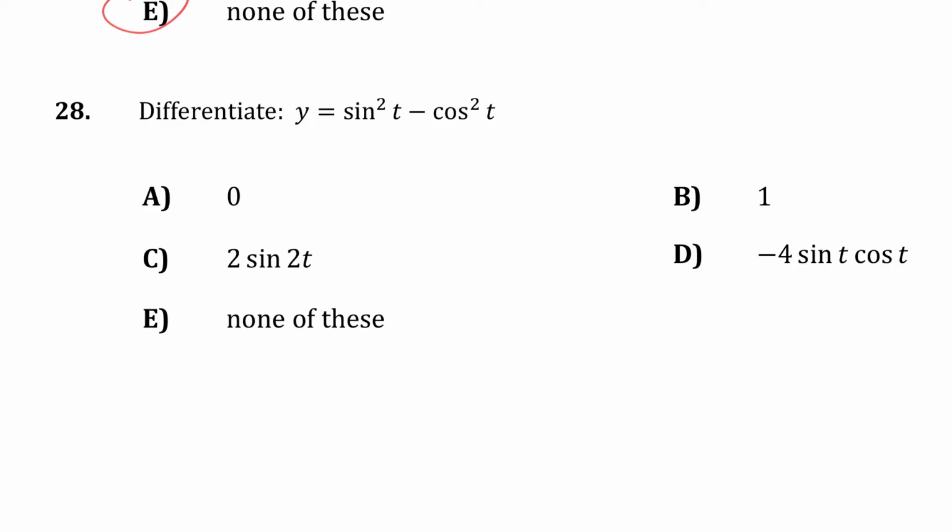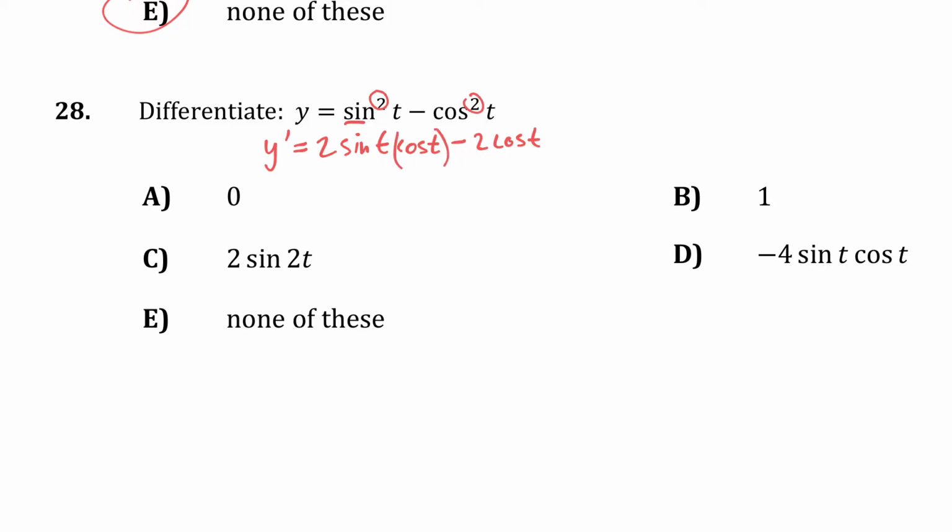So this one's kind of tricky, where you have y prime is going to be the derivative of the outside, so that's 2 sine t, but then the derivative of sine is cosine t, minus, take that 2 again, 2 cosine t, times the derivative of cosine, which is negative sine t.